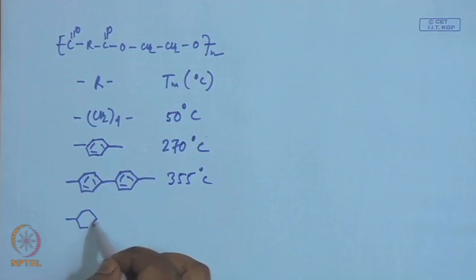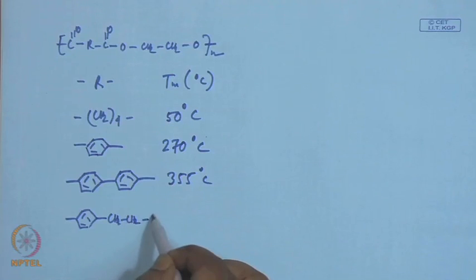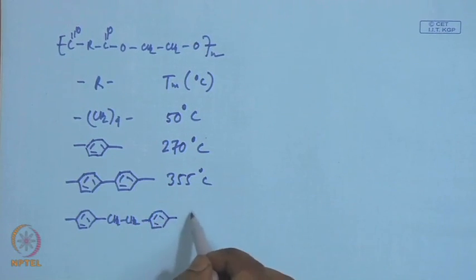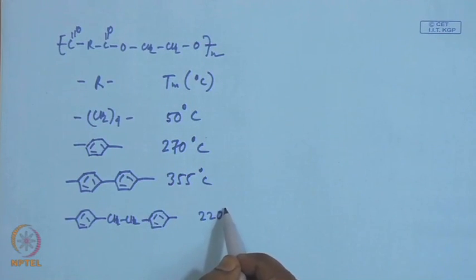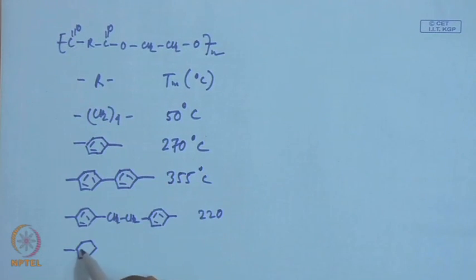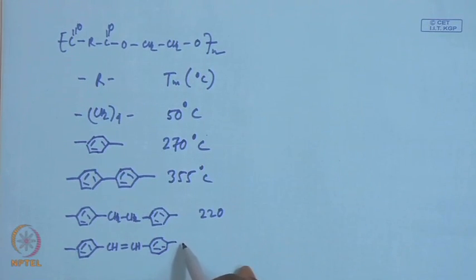If you introduce a flexible group in between, then Tm goes down, whereas instead of CH2, if you have an olefin group which makes the chain even stiffer, then your Tm goes up drastically.